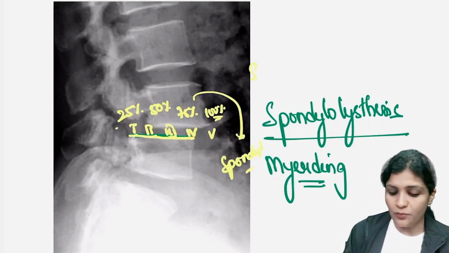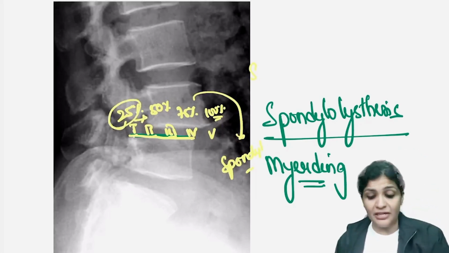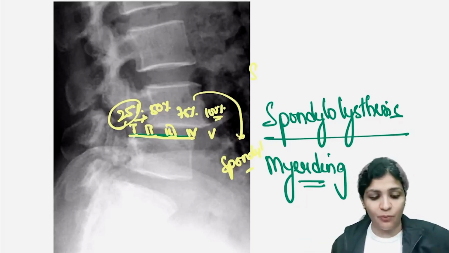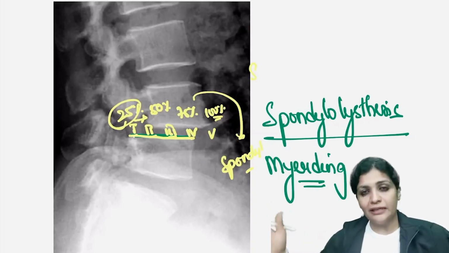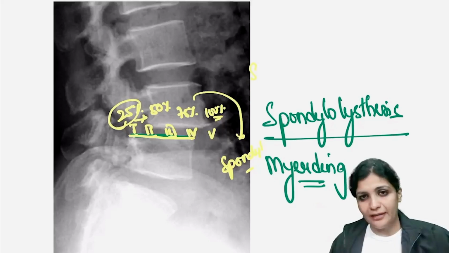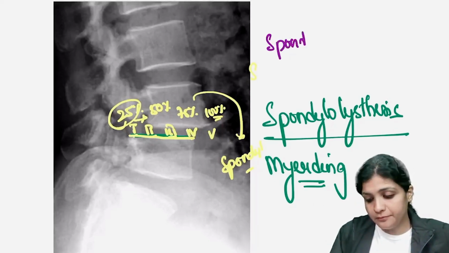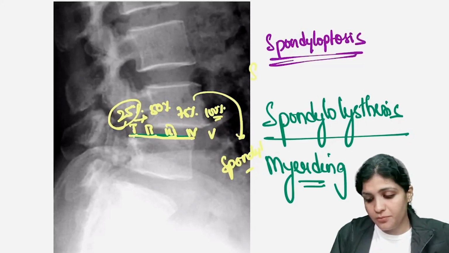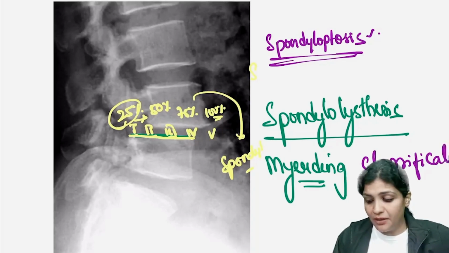If it is only 25% of movement, it is between 1 and 2. If it is more than 50, it is grade 2 or 3. It is never 1, 2, 3, 4. You should always tell it as grade 1 or 2, 2 or 3, 3 or 4, 4 or 5. If it is completely falling forward, this is called spondyloptosis. So the Meyerding classification has given grade 1, 2, 3 and 4.